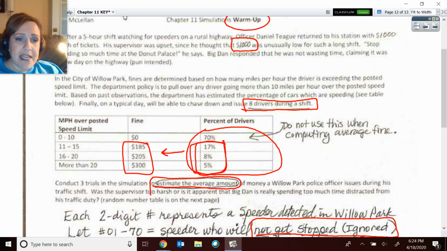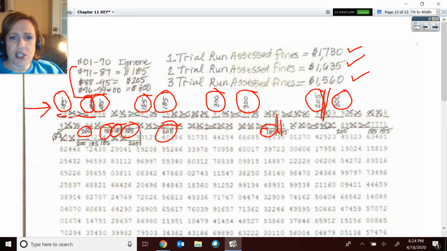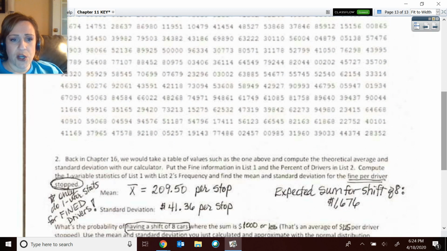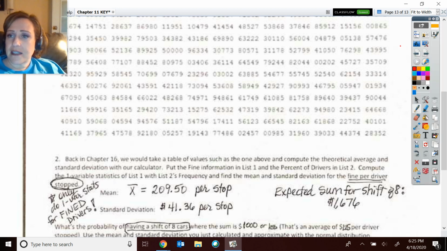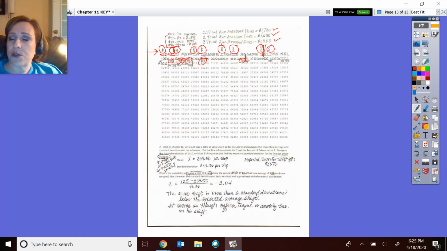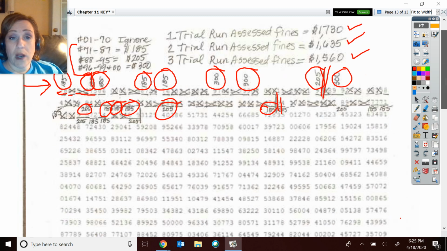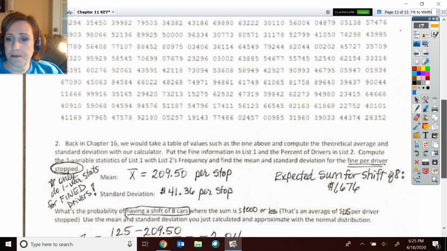I did one variable stats of this times each one of these frequencies, and I got, I think, 209.50. And if you multiply that by 8, you would get 1676, which is pretty close to what I got with my simulation.